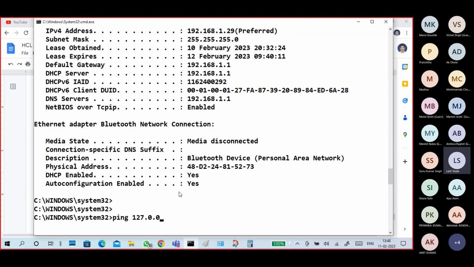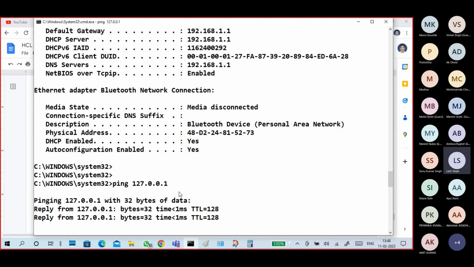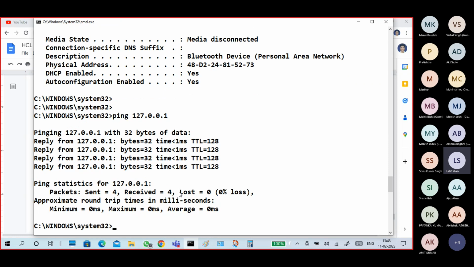I want to check whether this TCP/IP service is working or not. So I will ping 127.0.0.1. It is a loopback type, meaning it's self-testing. I am testing my system and my services: are my protocols working, is the ping command working, is TCP/IP communication working or not? That is loopback testing.